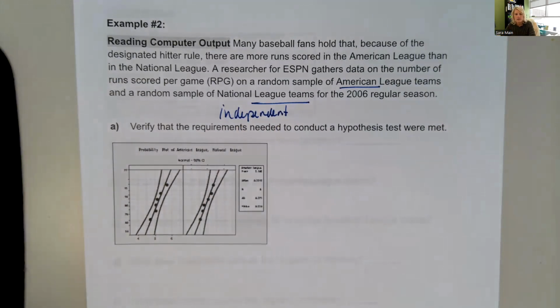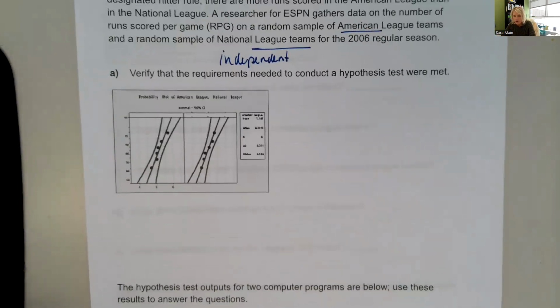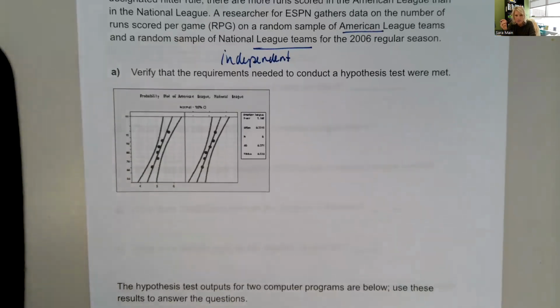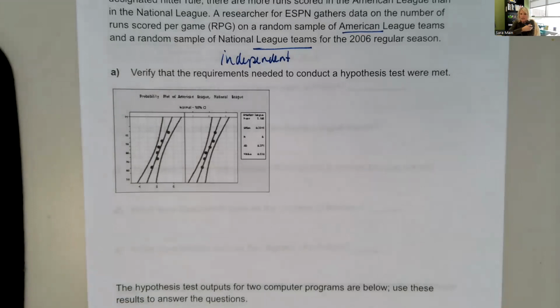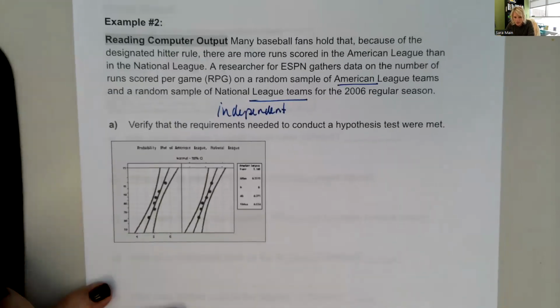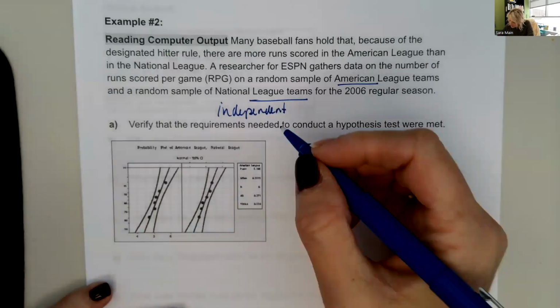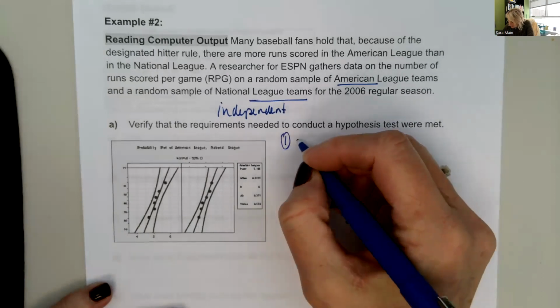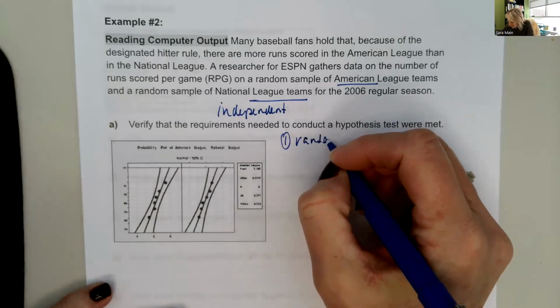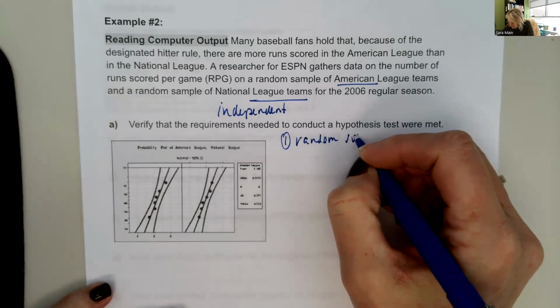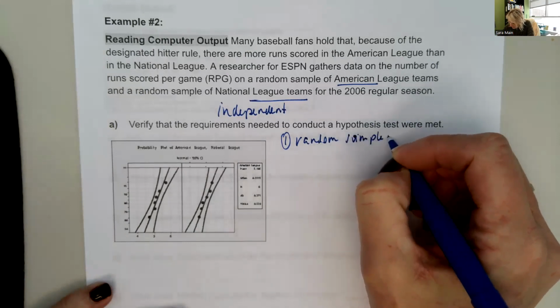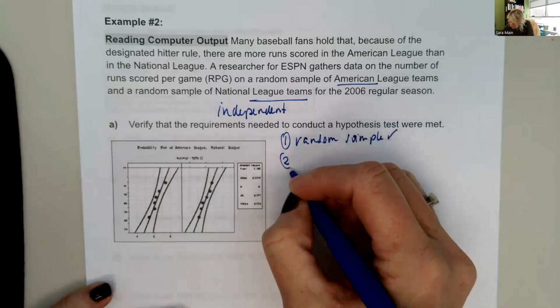Okay. So they want us to verify that our requirements are met to be able to run a hypothesis test. So in this chapter, we have our regular random sample requirement that we had before. And that's true. We have 2 random samples.